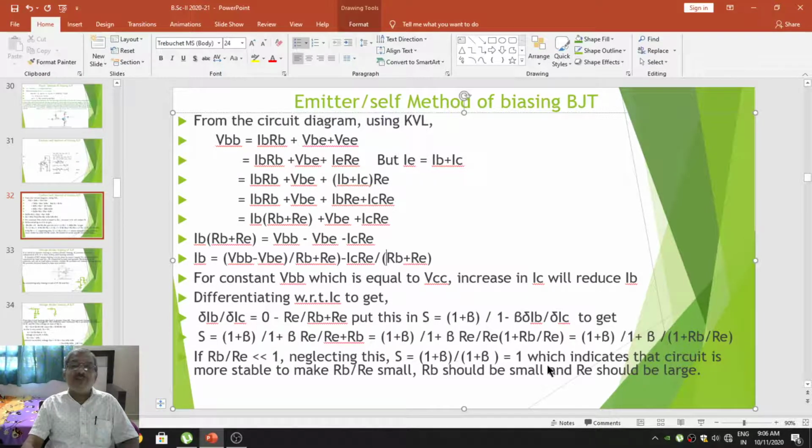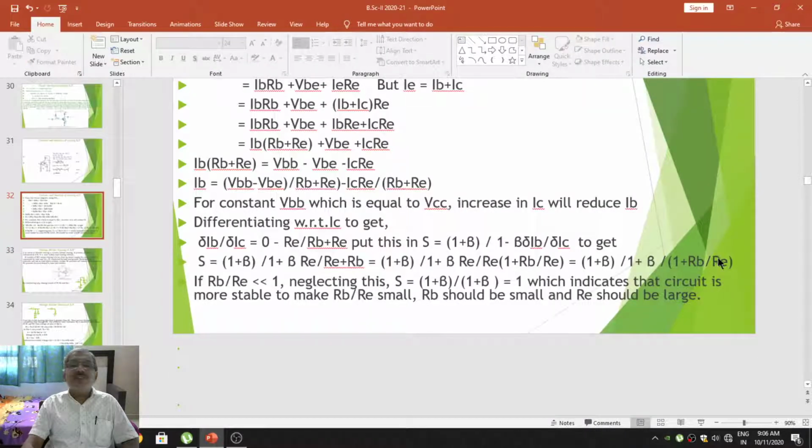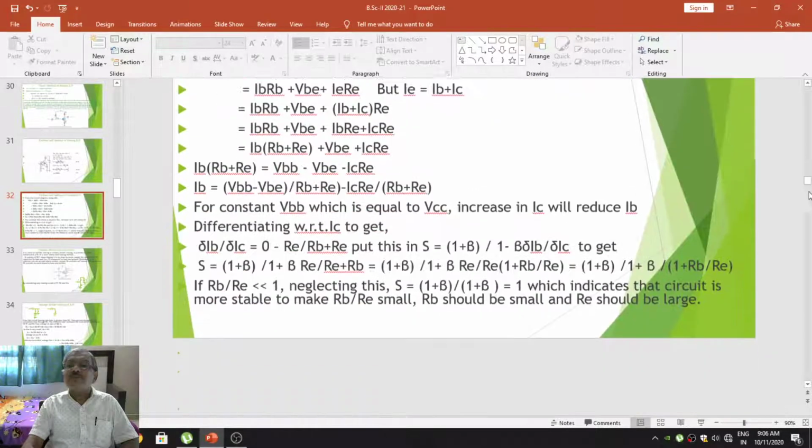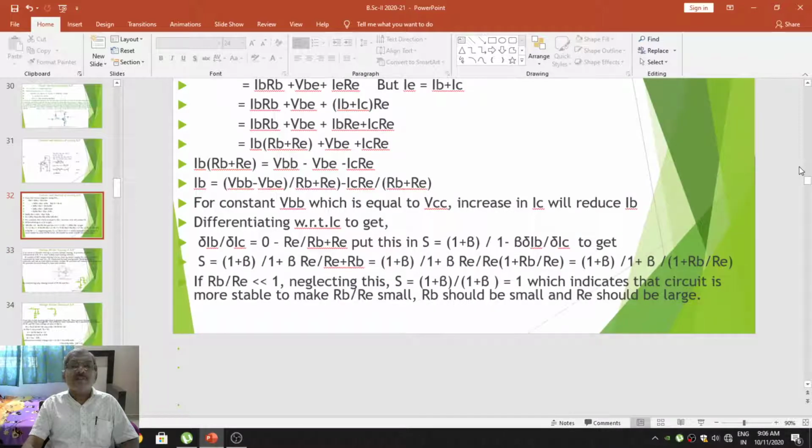And when the value of S becomes less than or equal to 1, naturally it will provide stability to the transistor, or stability of the Q point of that particular transistor which is working in that particular respective region. So this is how one can make the BJT and its operating point stable.